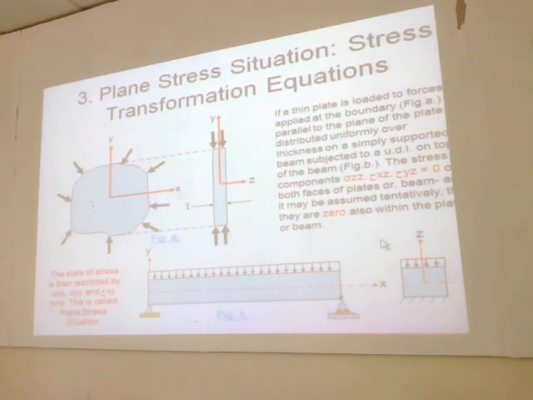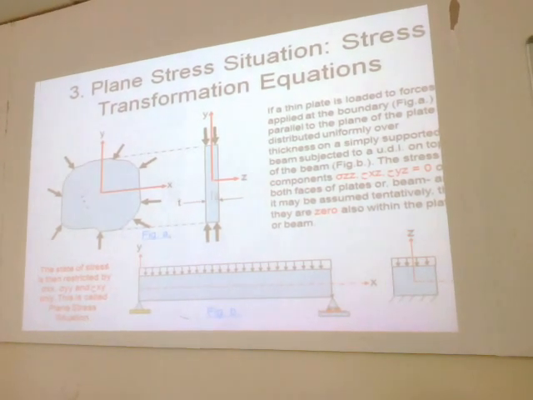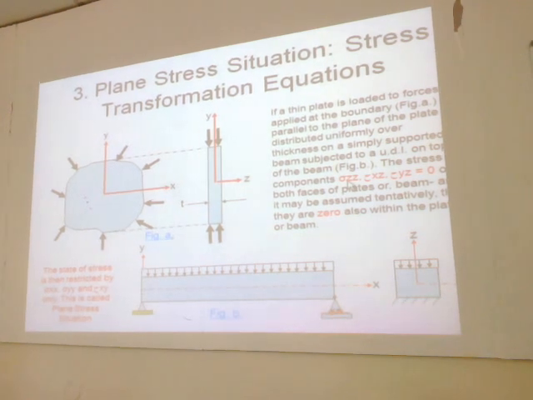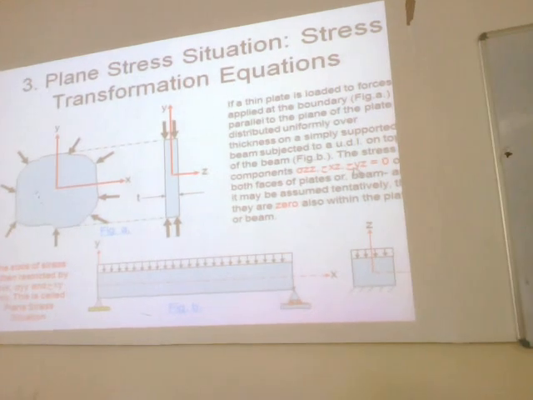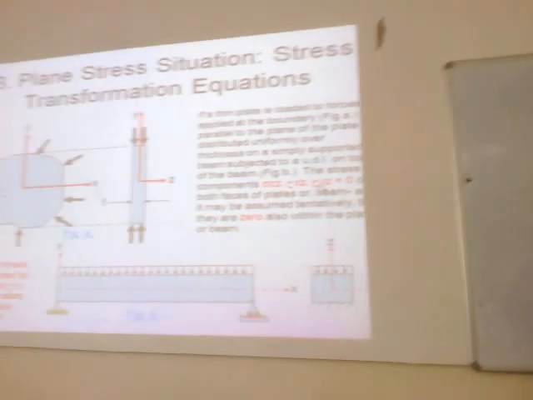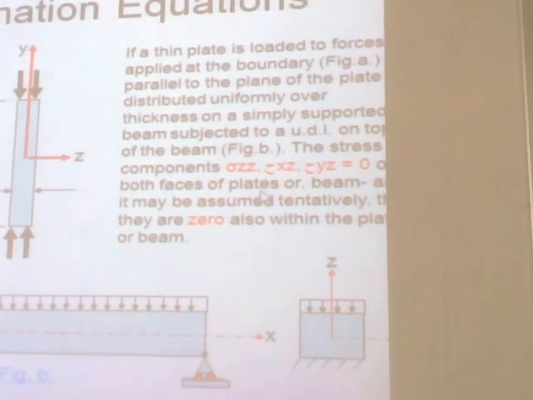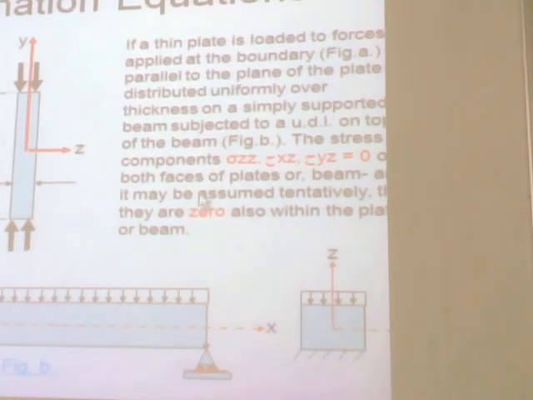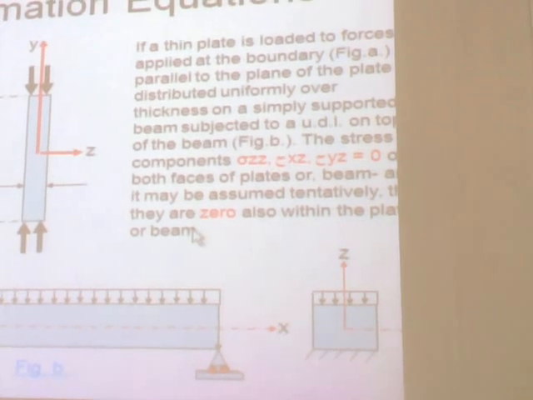In these cases, direction Z will have this plane, and we assume that normal stress sigma ZZ, shear stress tau XZ, and tau YZ are not available, that is 0, on both planes of the beam as well as on the plate, and it may be assumed tentatively that they are 0 within the plate or the beam.